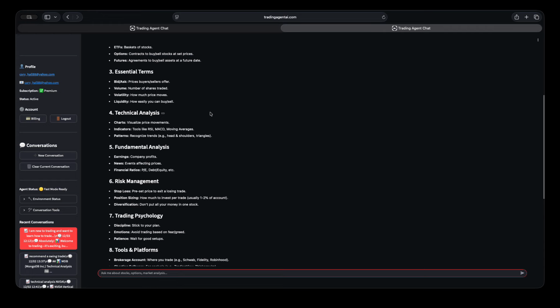Another term that you'll need to know is technical analysis. Technical analysis is using technical indicators to judge potential price movements or price action activity. So some of the ways that people do technical analysis is they use charts. Charting typically comes with your broker platform, whether you're using Schwab, Thinkorswim, Fidelity, Robinhood, Webull.